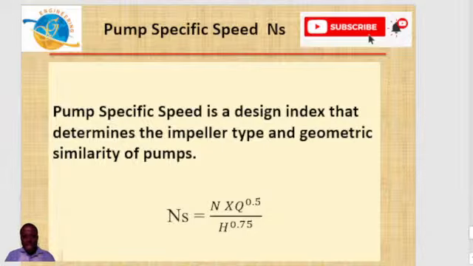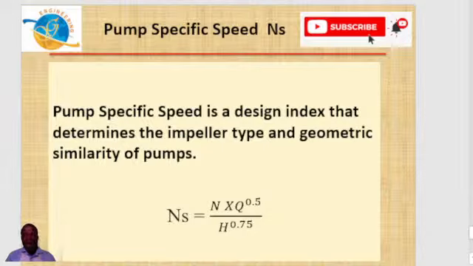So your H is the head per stage at the BEP at maximum impeller diameter, expressed in meter. So by the time you put these things together, the specific speed is derived using SI units, with your N in RPM, with your Q in cubic meter per second, with your H in meter.